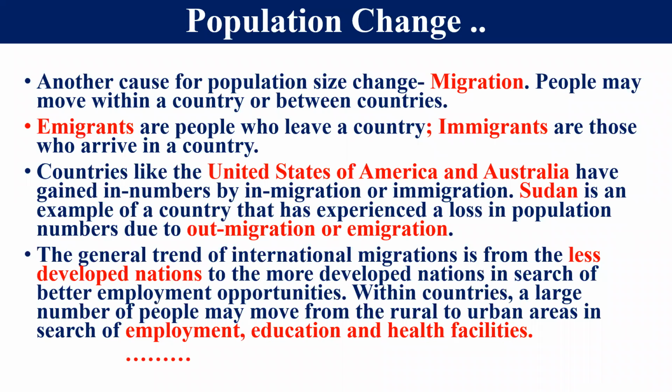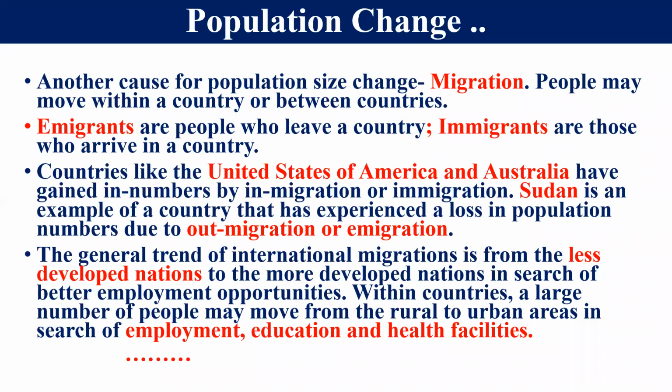If we think about the general trend of international migration, it is from less developed countries to more developed countries due to better employment opportunities. This is the most general trend of international migration. Even people migrate from rural areas to urban areas due to better employment, educational, and healthcare facilities.